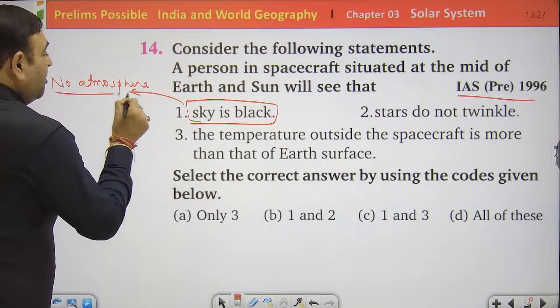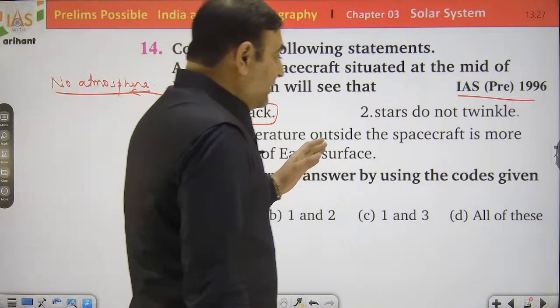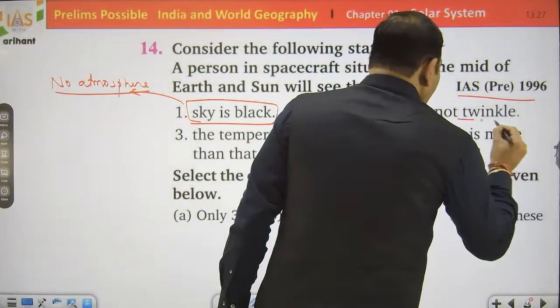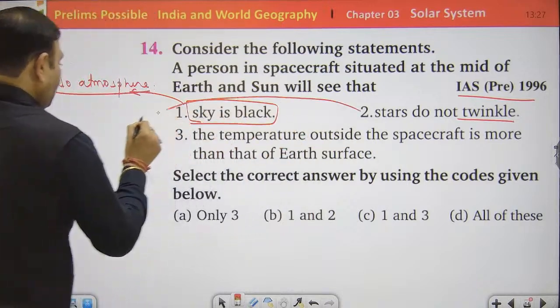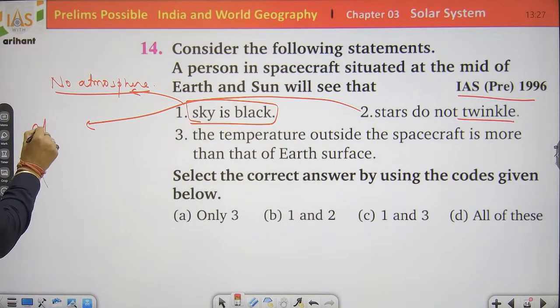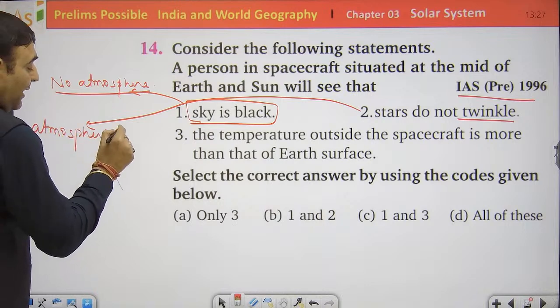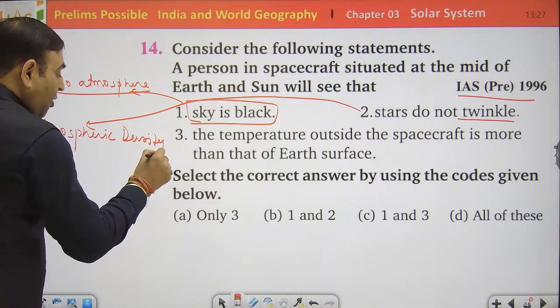Why? Because there is no atmosphere. The sky is black. The stars do not twinkle. Very good. The twinkling of the stars is because of the atmospheric density. When there is no atmosphere, hence no twinkling.